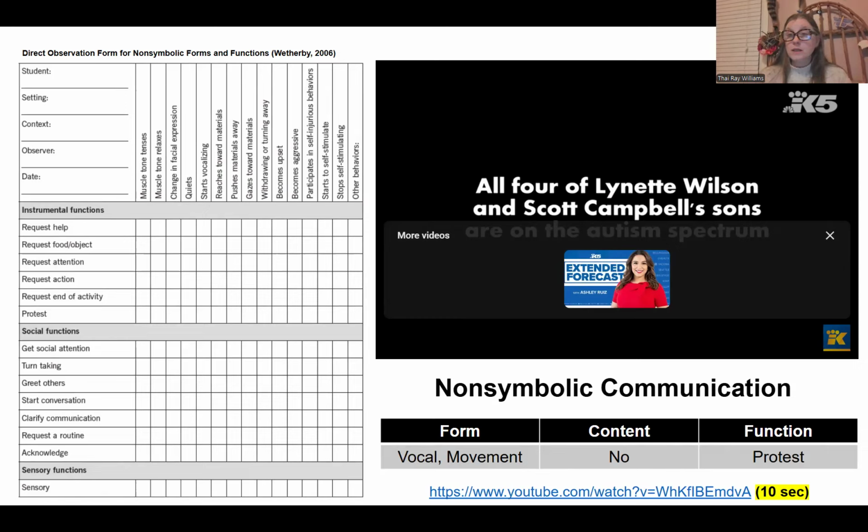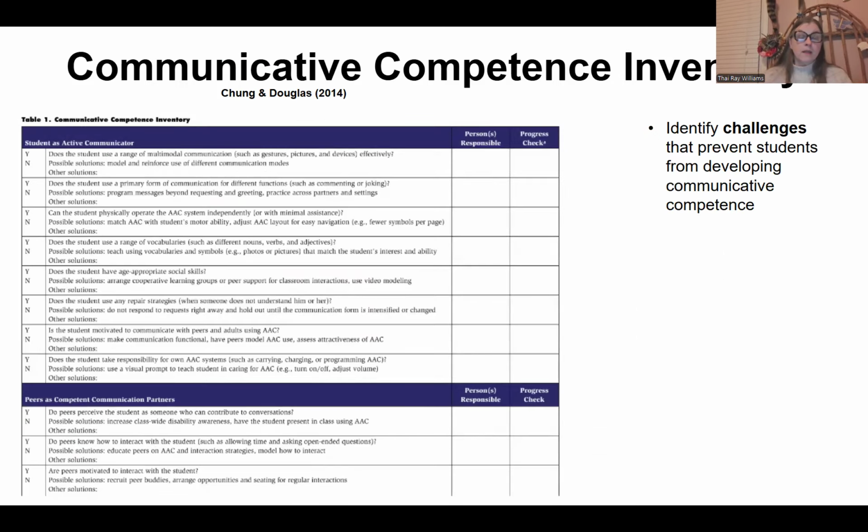And this is something that you could also give to a parent or to a caregiver and have them complete, especially for students who are new and whose current communication systems you don't know. There's also something called the Communicative Competence Inventory, and you do have access to it. There's a link here on the PowerPoint.